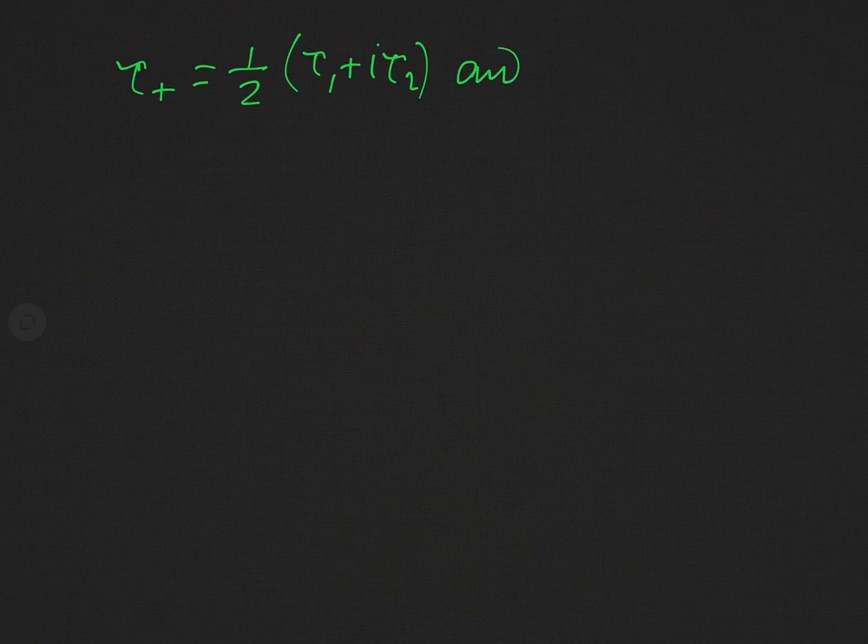Now, these operators tau plus and tau minus are defined in a particular manner. Tau plus is defined as 1 over 2 times (tau 1 plus i tau 2), and the lowering operator tau minus is defined as 1 over 2 times (tau 1 minus i tau 2).